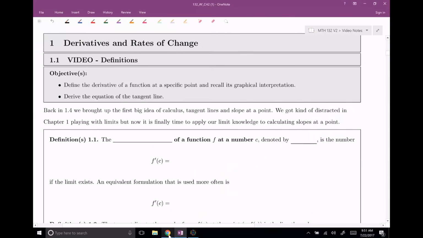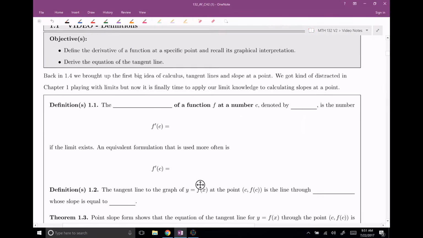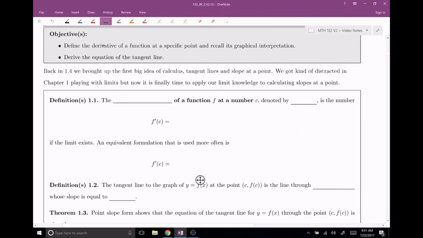All right, so that is going to give us our definition for this thing, the slope at a point, which we're going to be calling the derivative. So the derivative of a function f at a number c is going to be denoted by f prime of c.